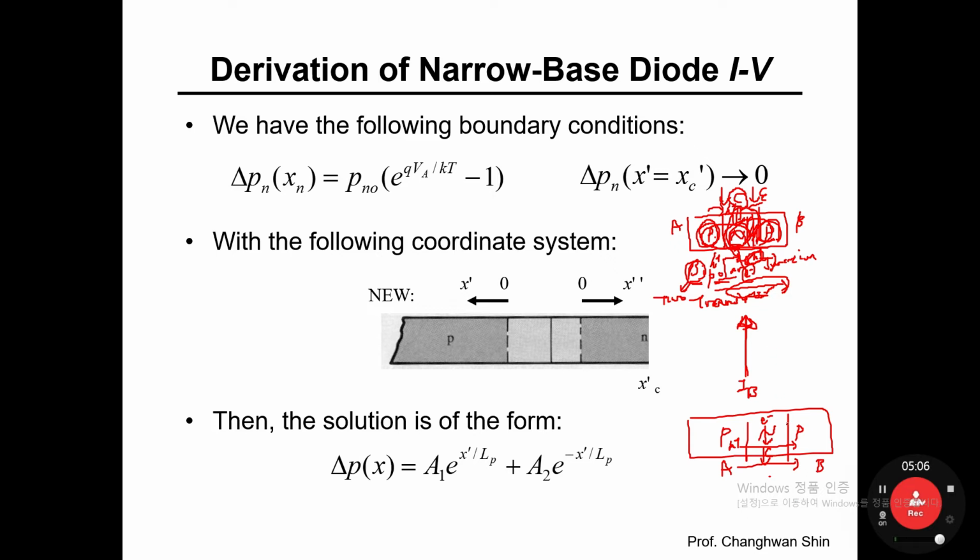Here the physical length of the N side in the middle wouldn't be very long. That's why we should go back to the PN junction diode analysis and recall how holes are injected into the N side and how those injected holes diffuse toward the opposite side of the N side.